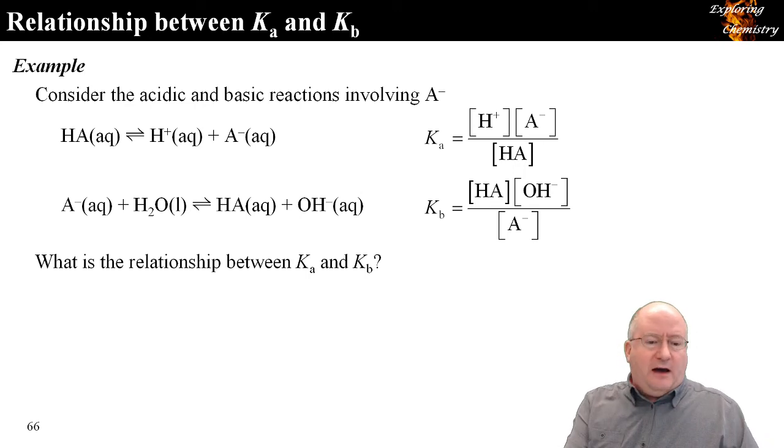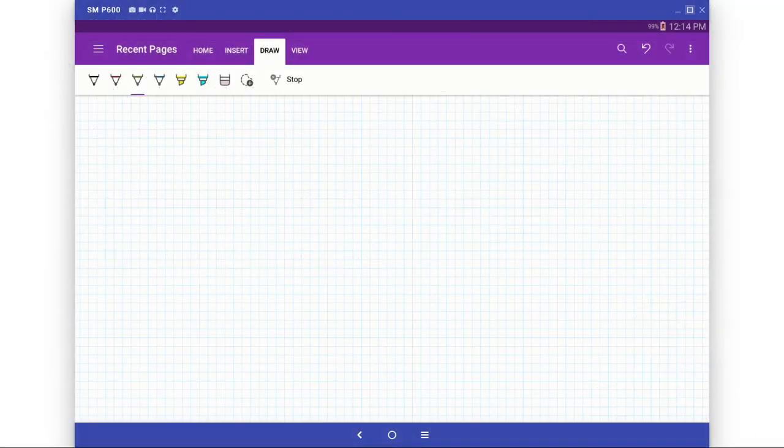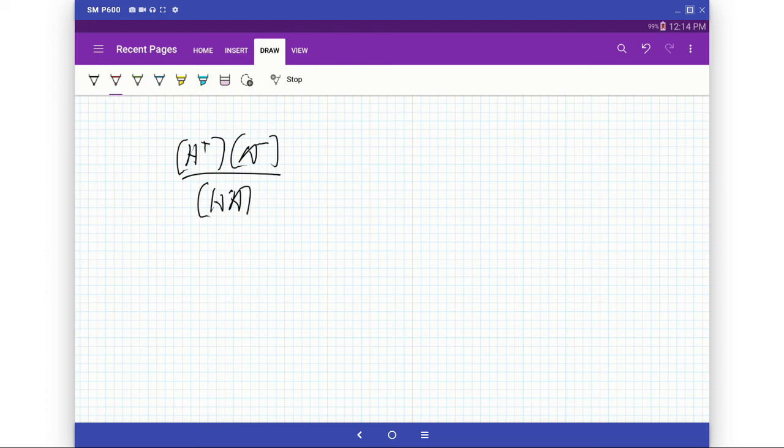We have conjugate acids and bases, and so our expression was [H+][A-] over [HA], and that was our Ka expression. Then we had [HA][OH-] over [A-].